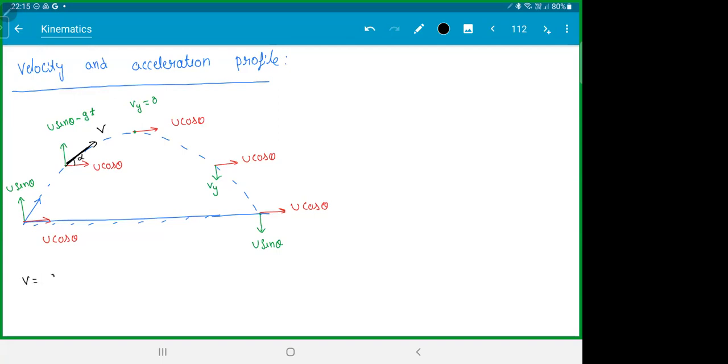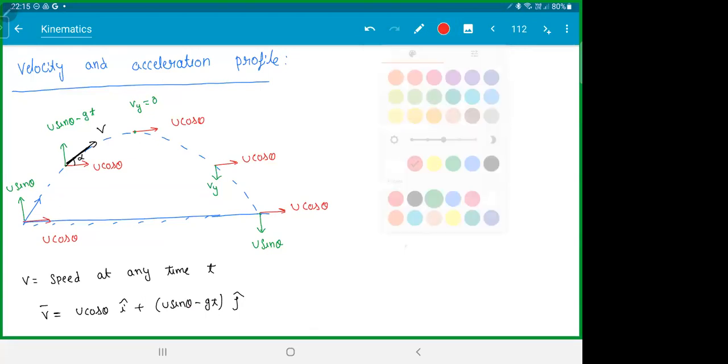So here v is the speed at any time t. And if someone asks you to find the velocity at time t, this is given by u cos theta i cap plus u sine theta minus gt j cap. These are the two components, the vx and the vy.